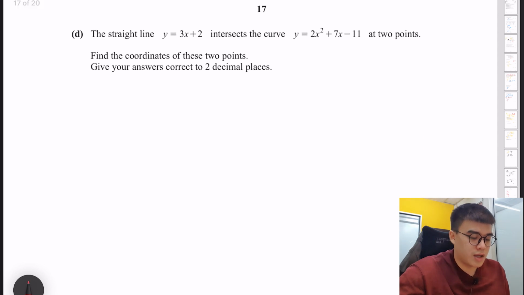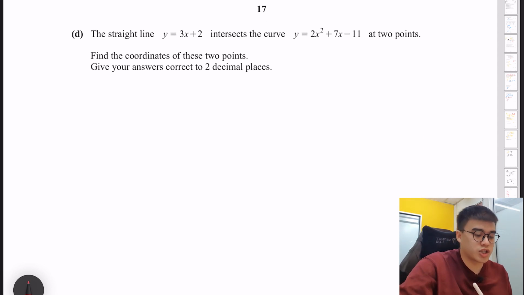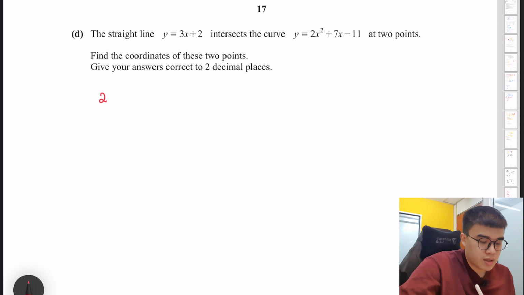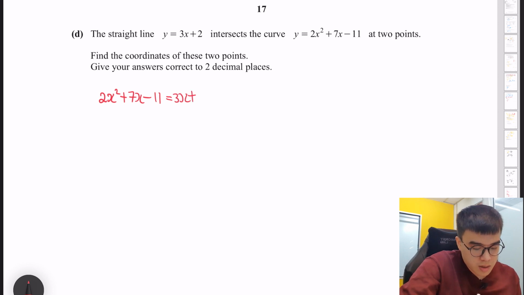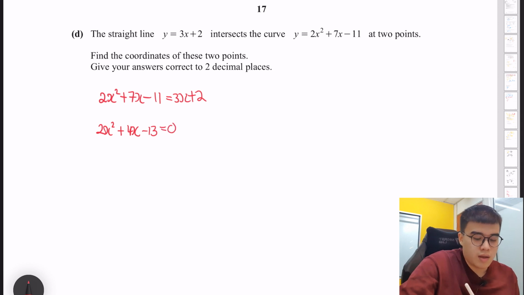As for part D, they will intersect each other, which means the y lines will be equal to each other. Okay, when I arrange everything, my A will be 2, B will be 4, and C will be negative 13.